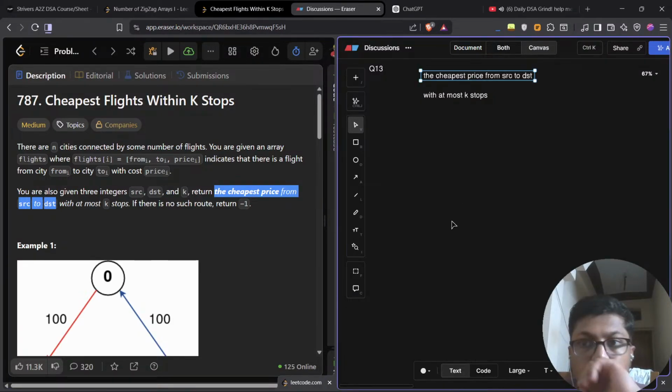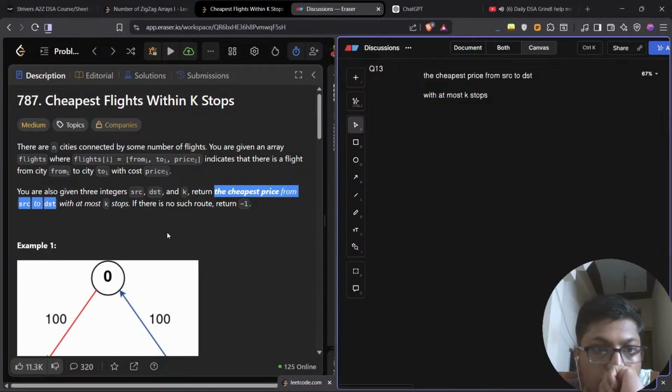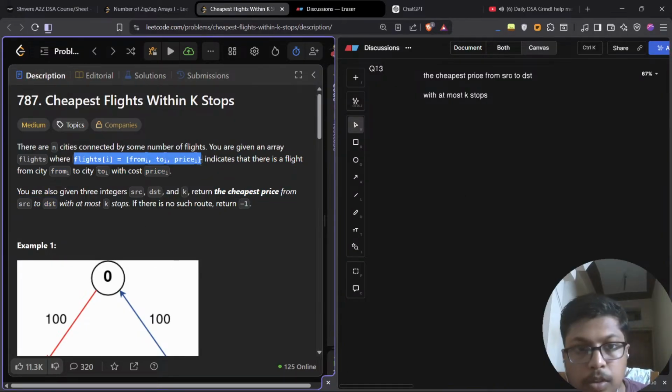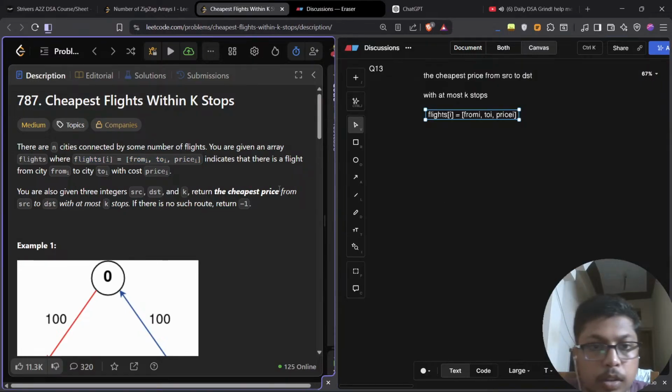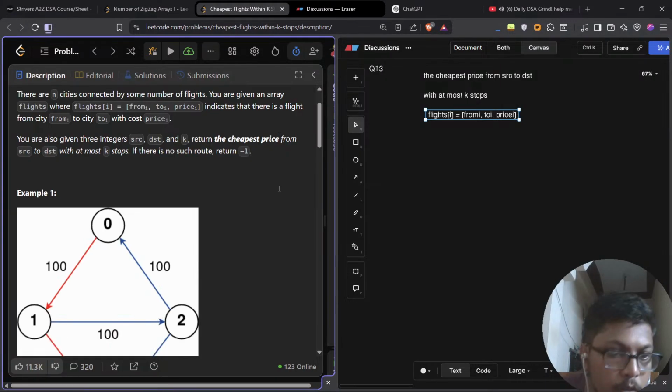Return the cheapest price from source to destination with at most k stops. And if there is no such route, return minus one.